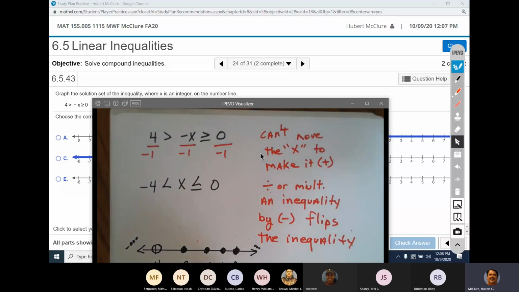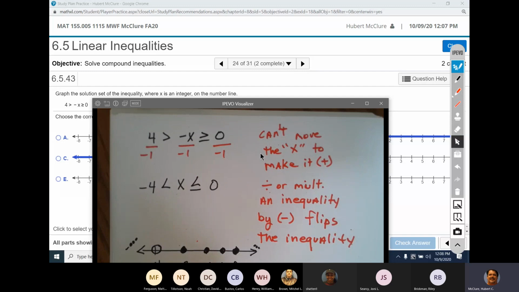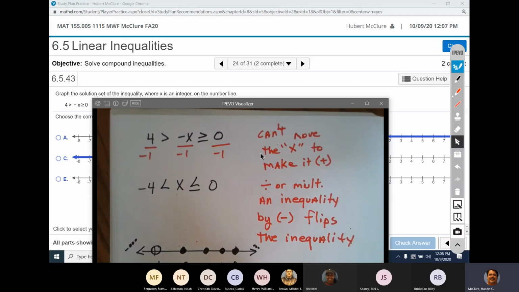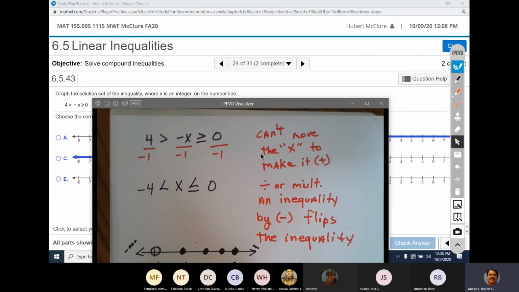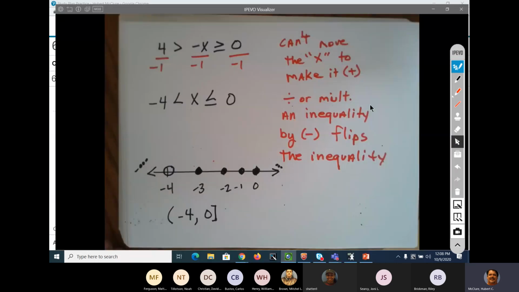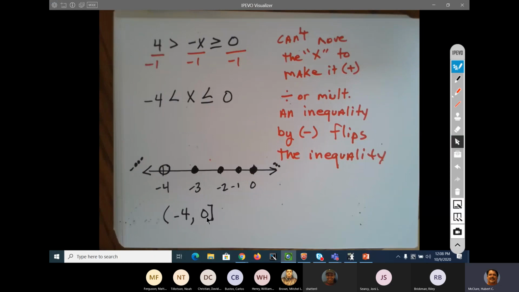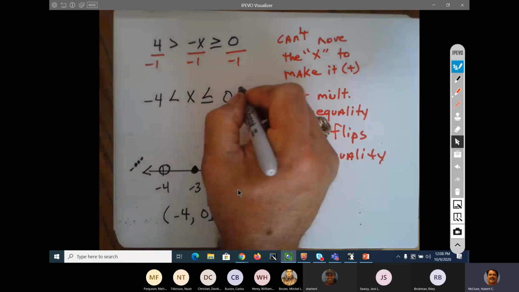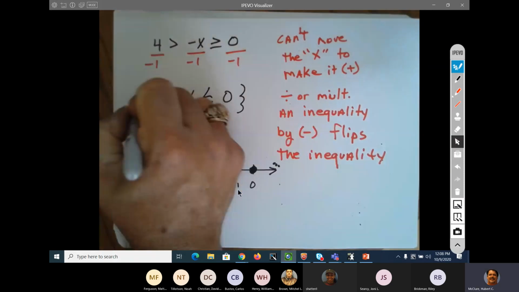So the answer is parentheses, -4, comma, 0, bracket. That's in interval notation. And in set builder notation, I'm just going to put this. I'm not even going to rewrite it. I'm going to put a brace around it, and this, and X such that, and a brace.